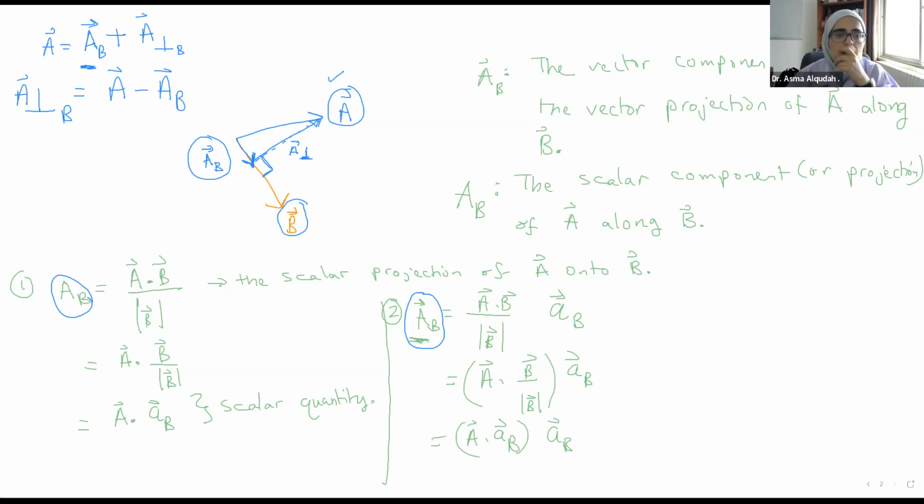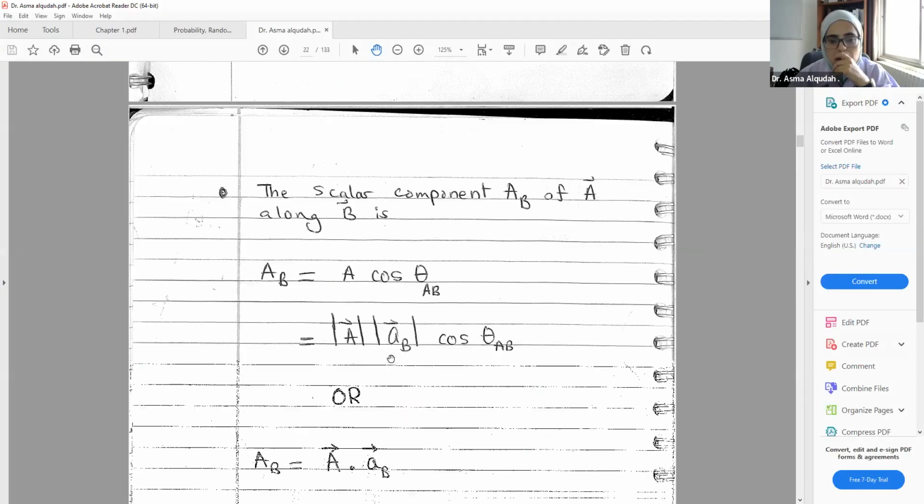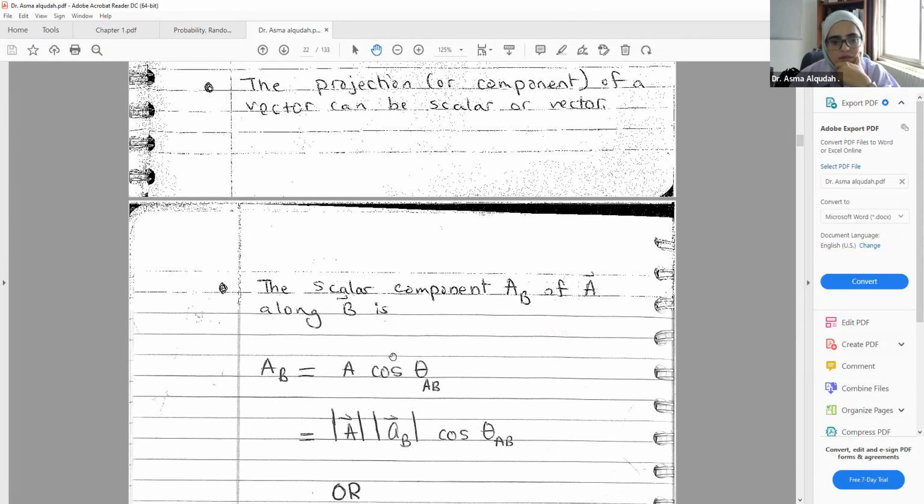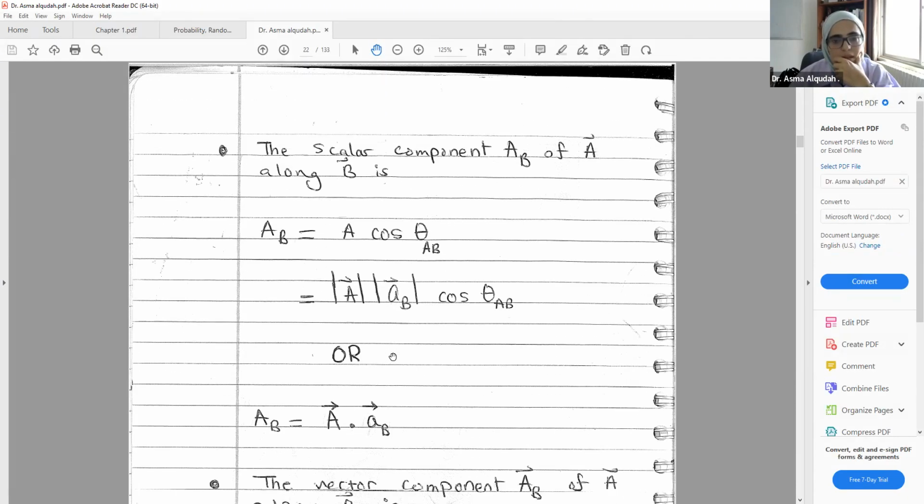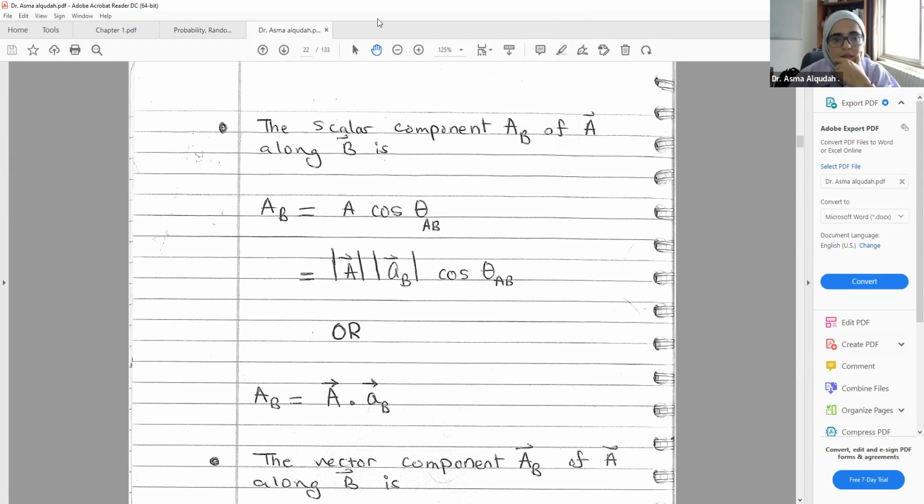Okay, let's get back to the notes and see if we have covered everything. So we said that the scalar component of vector A onto B could be written in this way, or we can write it this way.